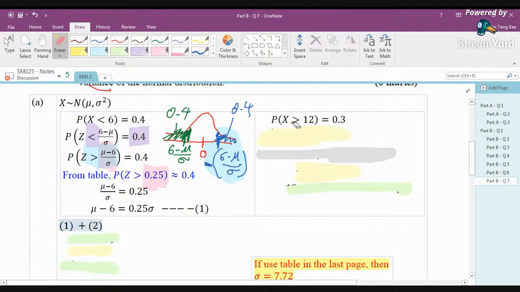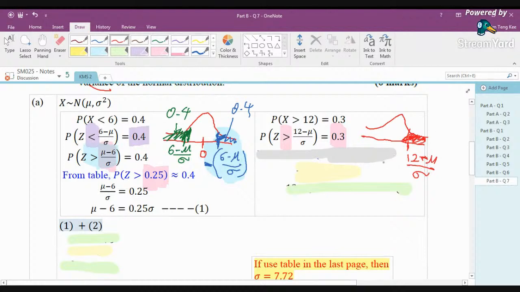Similar idea, for P(X greater than 12) equals to 0.3, I continue with standardizations. Then observe, I have greater, I have 0.3. So in this case here, the region is smaller than 0.5. That means it will be, let's say, somewhere here in red. And the corresponding Z value will be (12 minus mu) over sigma.